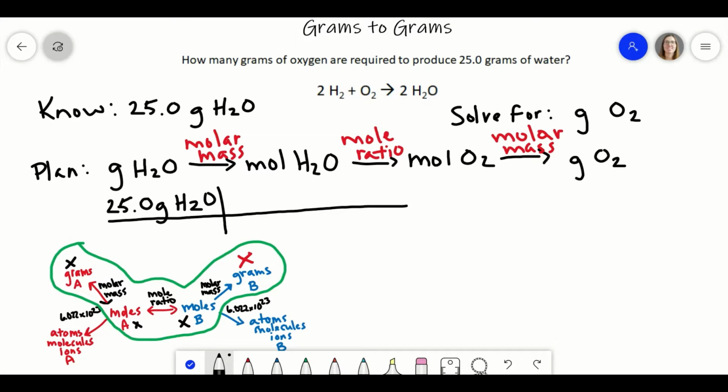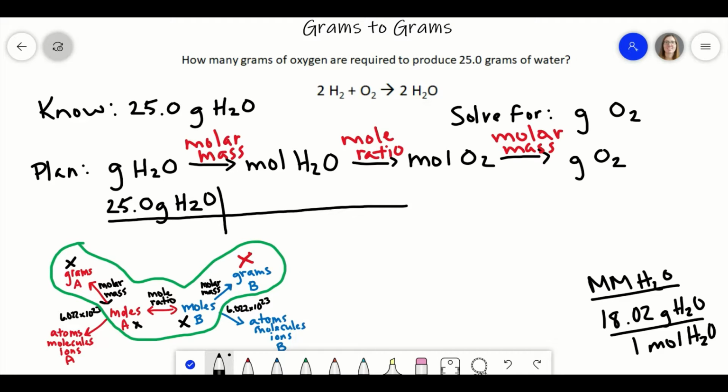Again, if you need help calculating molar mass from the periodic table, please watch the video I have. But for right now, I've already solved that for us. So I know that the molar mass of water is 18.02 grams of H2O per 1 mole of H2O.